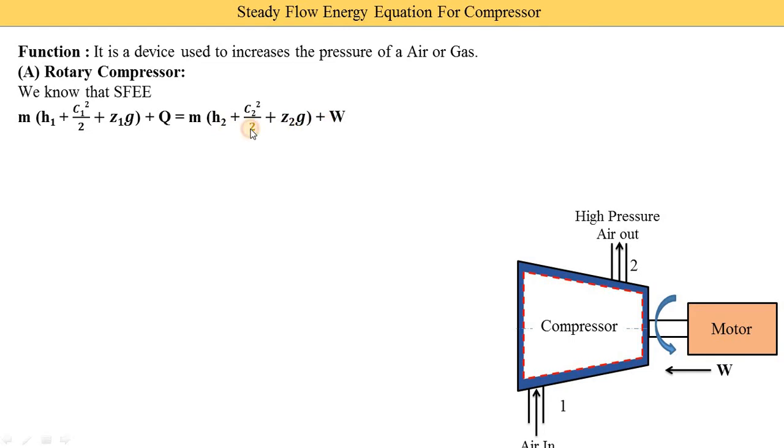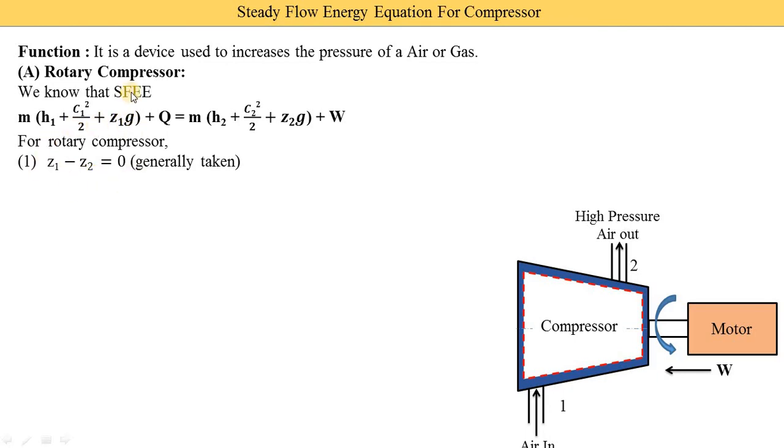Now we need to consider certain parameters for the rotary compressor. First, Z1 is equal to Z2, meaning Z1 minus Z2 is 0, which is generally taken. If we took the bottom of the setup as reference, Z1 and Z2 would be different, but we consider them nearly equal.